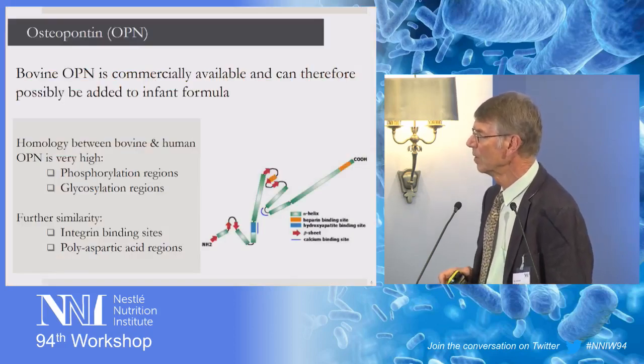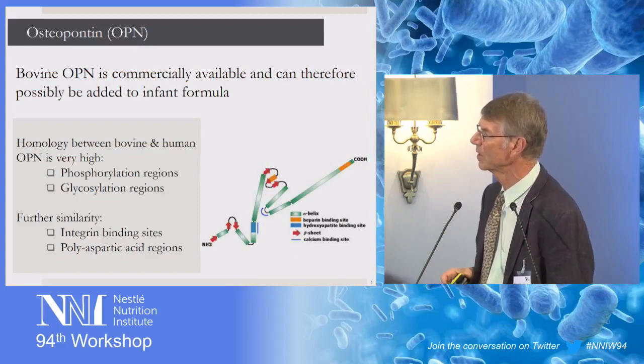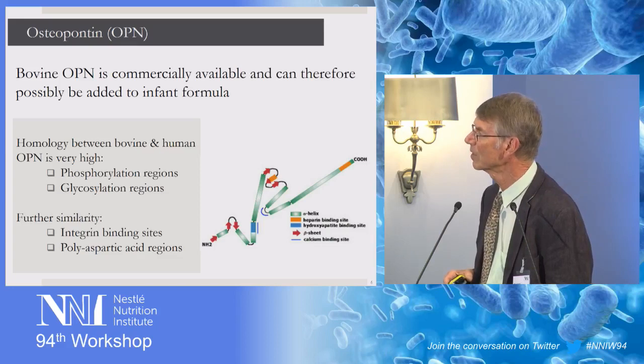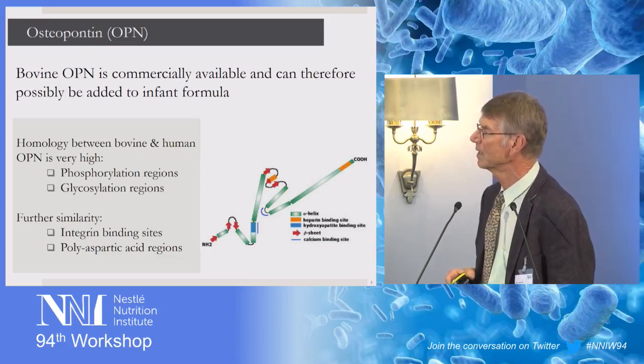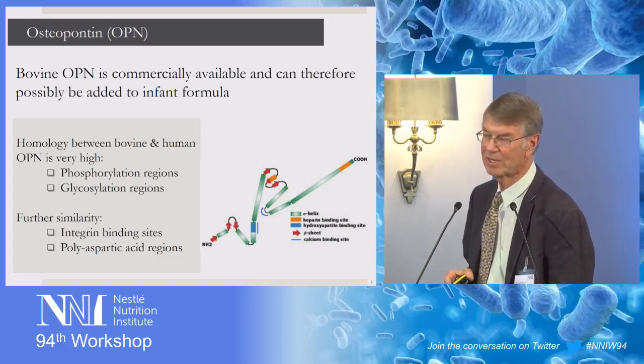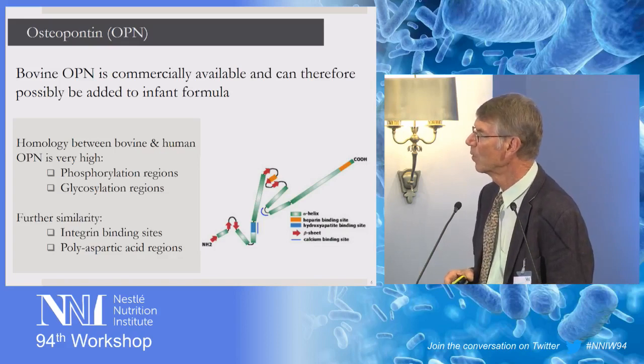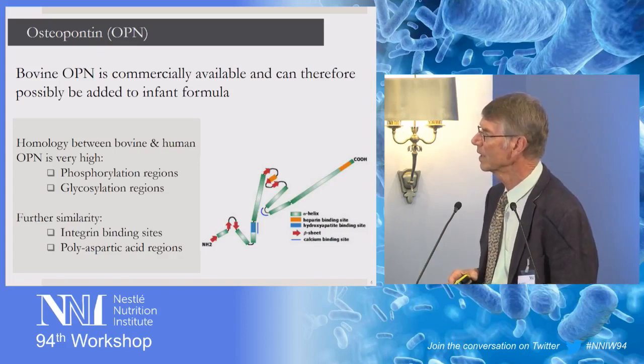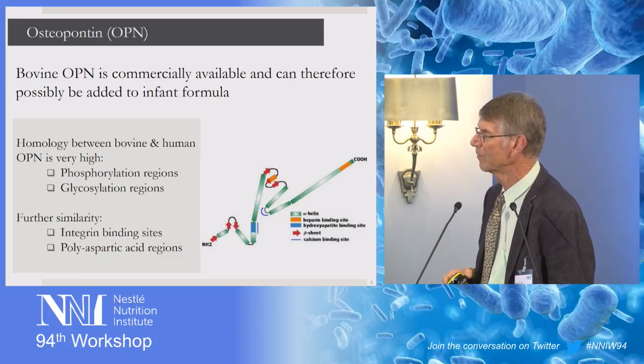A few years ago, bovine osteopontin became commercially available from Arla Foods in Denmark, and therefore the possibility existed to add it to infant formula. And why would you do that? Well, like I said, the amino acid composition of the bovine form of osteopontin and the human is partially different. There's about 70% homology, but the phosphorylation regions are very similar.